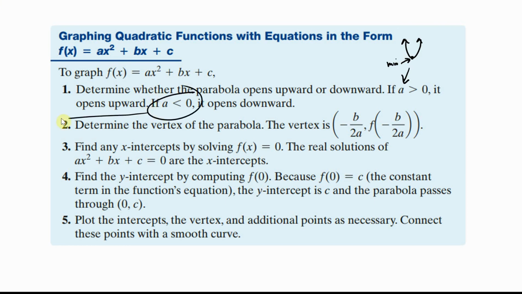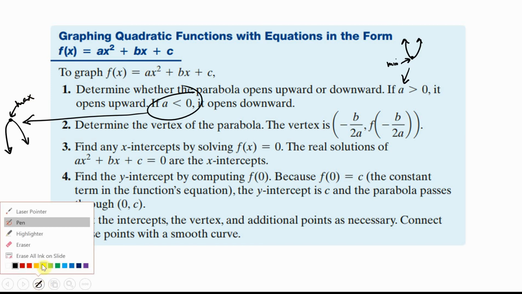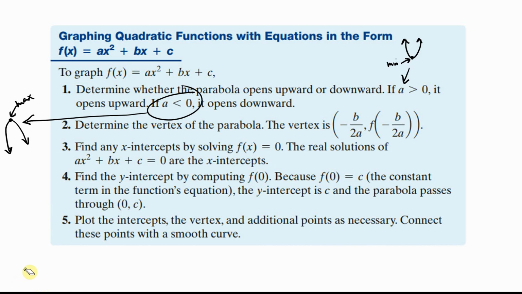If A is less than 0, the parabola is going down. That means I have a maximum there. So I'm looking at the value A to determine whether it has a minimum or a maximum.